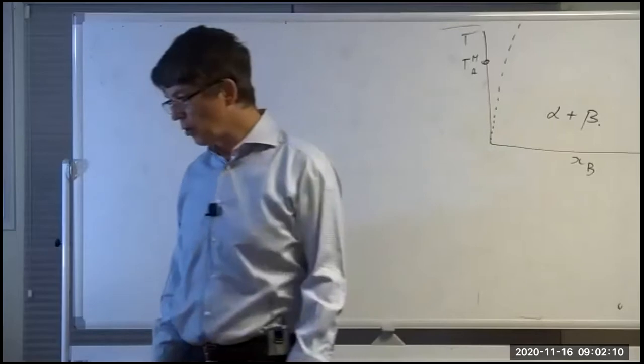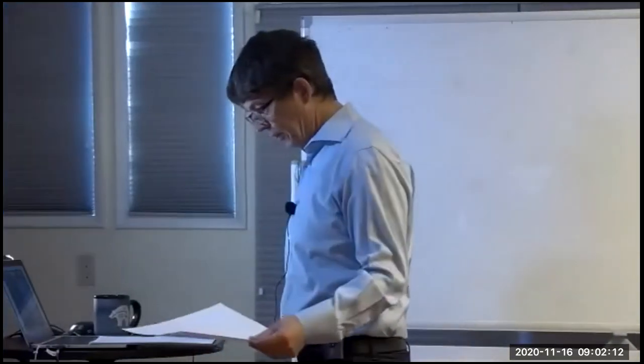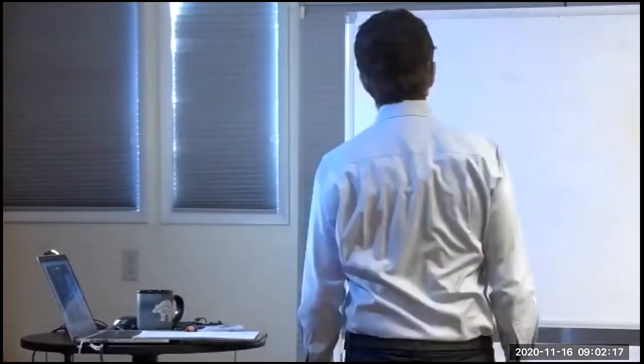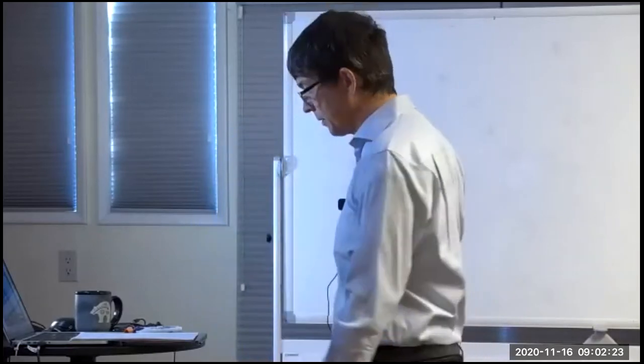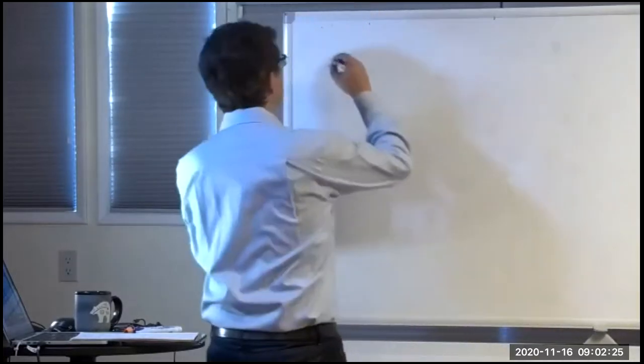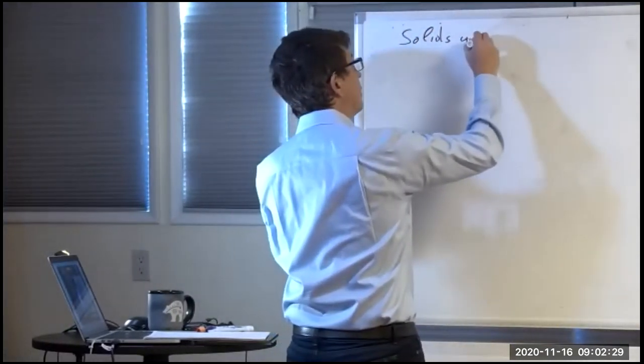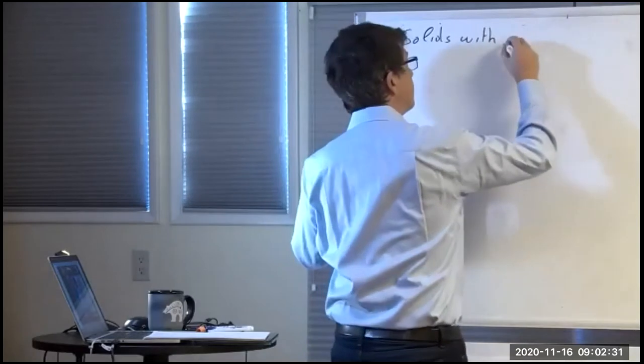So the question is, how do you connect all this stuff together? I think many of you know the solution, but I want to show you that there's really just a very systematic and logical way that this all falls into place. So what we're doing now is solids with low solubility up to the melting point.